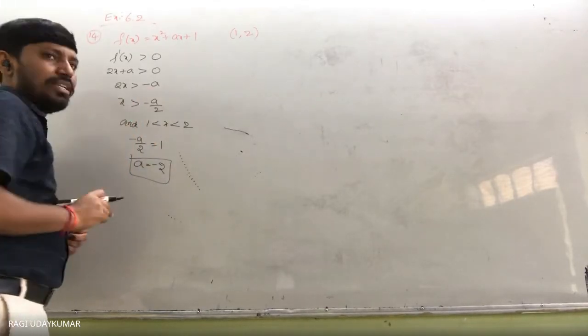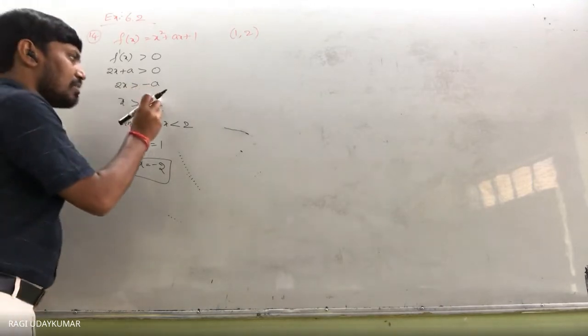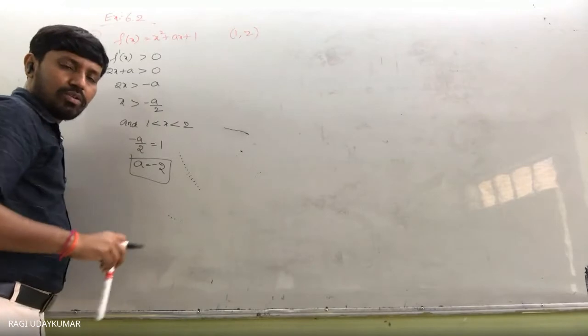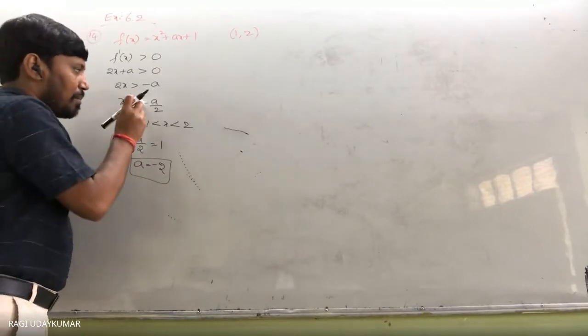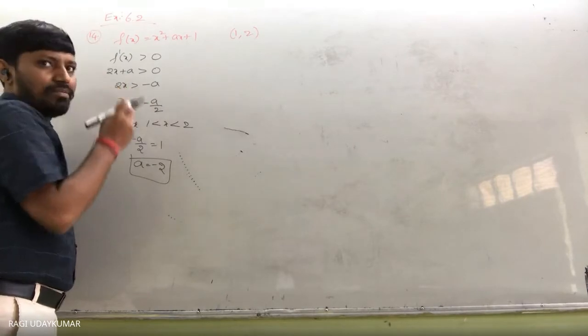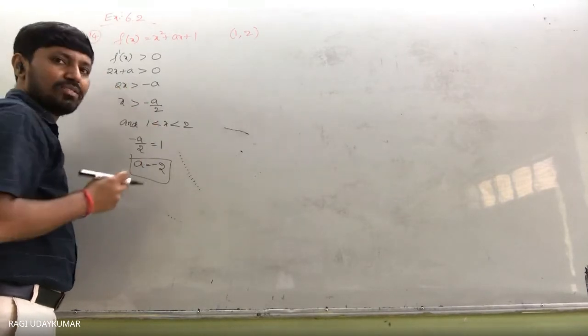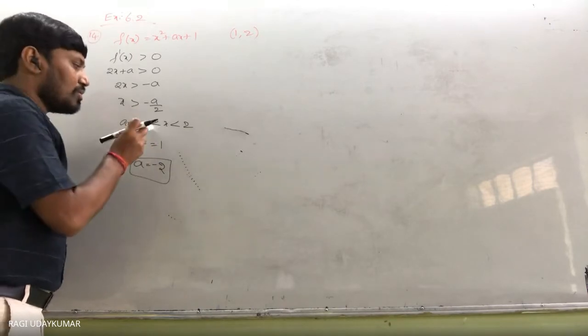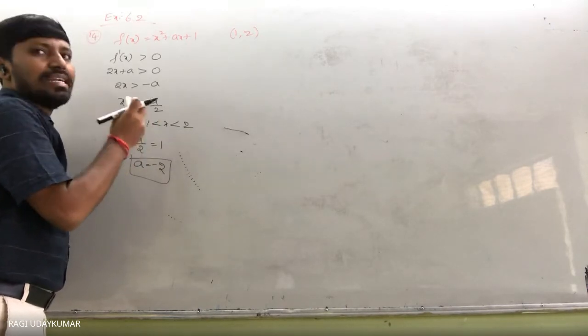If I take a equal to minus 2, what do you get? Here a equal to minus 2 substitute. What do you get? Plus 1 you are getting. Minus 2 substituted, x is greater than plus 1. We need exactly this, x is greater than plus 1. So a equal to minus 2 gives us the first condition.